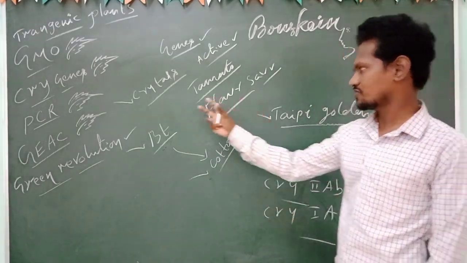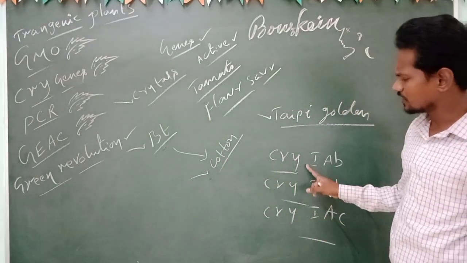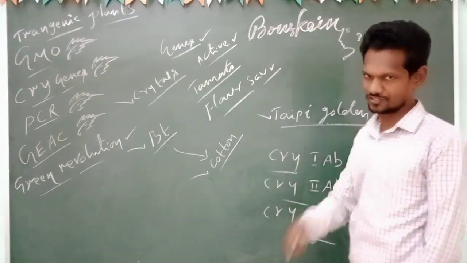The protein production is under the control of these three genes, known as cry genes.